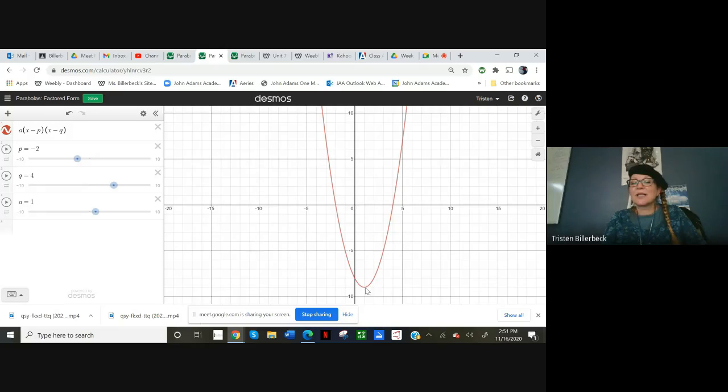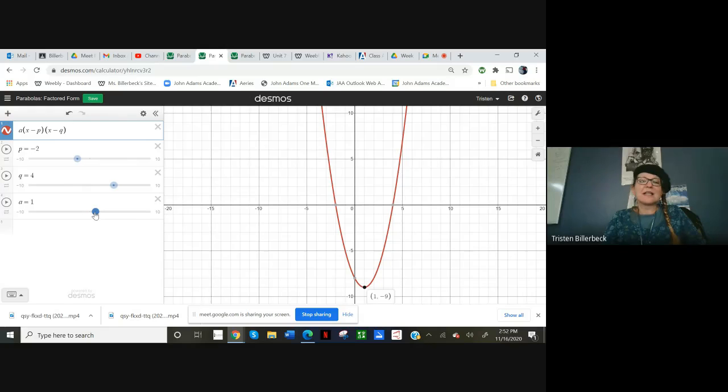So let's see where it's at. It's at 1, see? So you can find your vertex. Once you know the x value of the vertex is at 1, you just plug it back into this equation here to find out what the output is for x is 1. And then you've got your vertex. So you have 3 points. You have the 2 x-intercepts and the vertex. That's the cool thing about this.